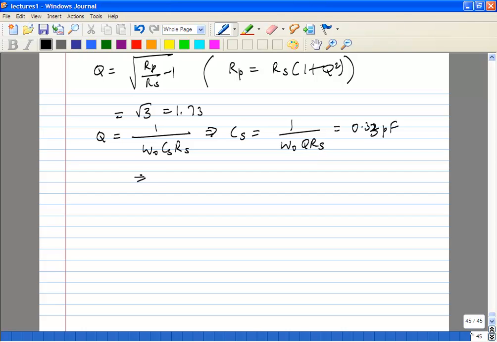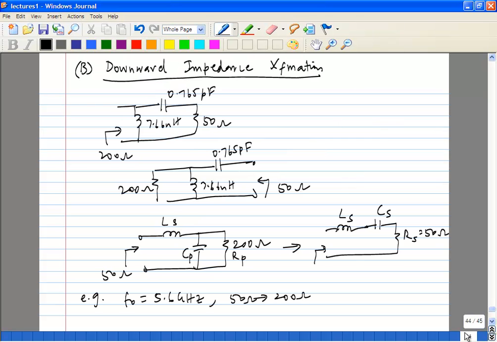Okay, so then what is the next step? Now you want to find out Cp. So what is the expression for Cp? Cp is Cs into Q squared over 1 plus Q squared. So you know Q, you know Cs, so you can find out Cp, right? So approximately 0.25 picofarads. And then the next step is L. So what is the expression? Would you use Cp or Cs for L?